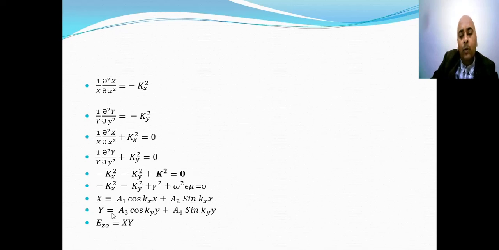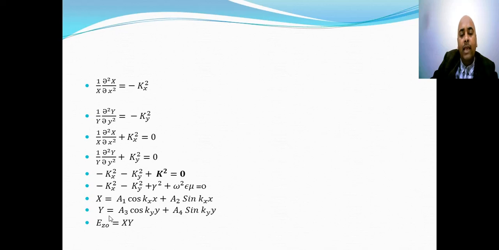Now we have to find what X and Y are. We know that Ez0 was taken as X multiplied by Y. Now these are differential equations whose general solution can be obtained using differential theorems, of the form: capital X is a1 cos kx x plus a2 sin kx x.